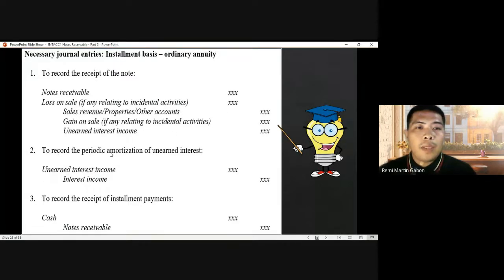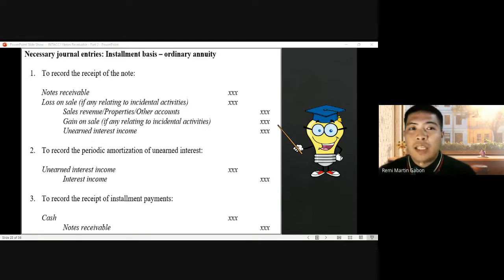Then to record the periodic amortization of interest, we still debit unearned interest income and credit interest income. Then to record the receipt of installment payments, the same journal entry, debit to cash and credit to notes receivable. The only difference is that what we're going to post is the installment collection.